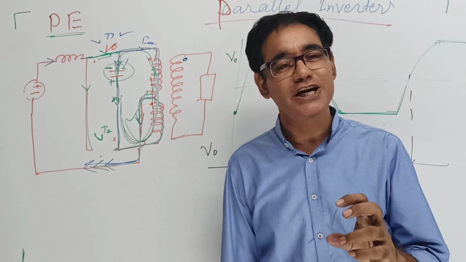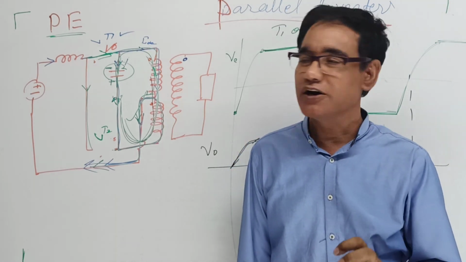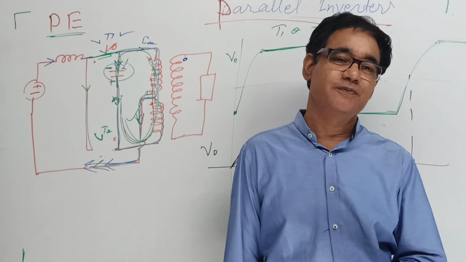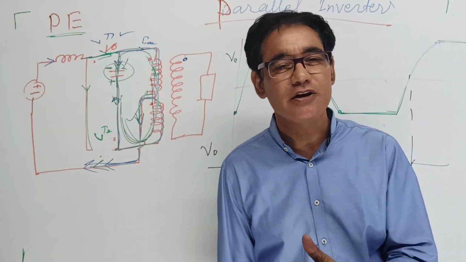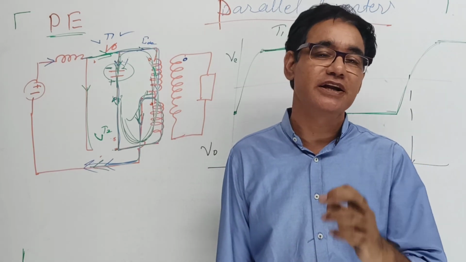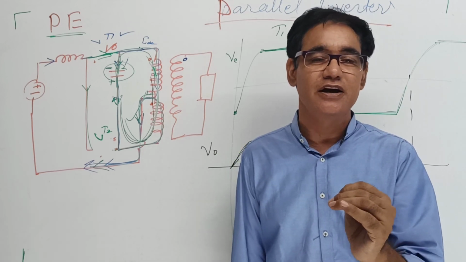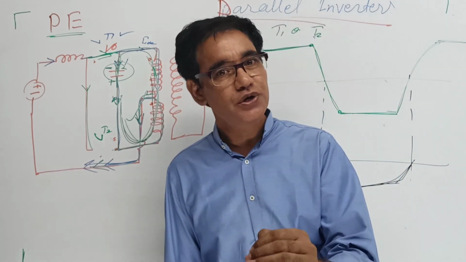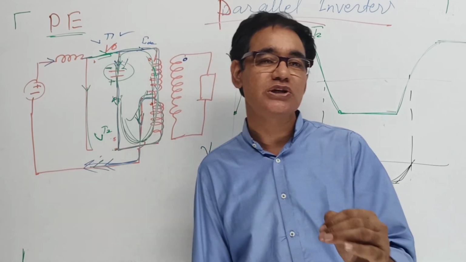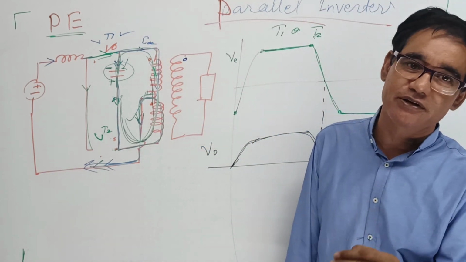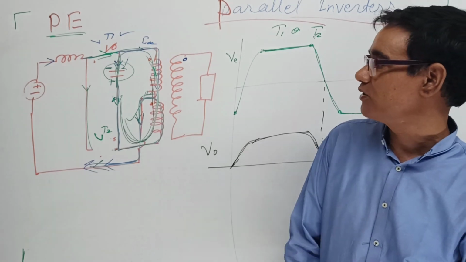That's why it is known as parallel commutation, or a parallel inverter. The series and parallel names indicate how the commutating elements behave: when they work in series with the load, it is a series inverter, and when they work in parallel, it is a parallel one.